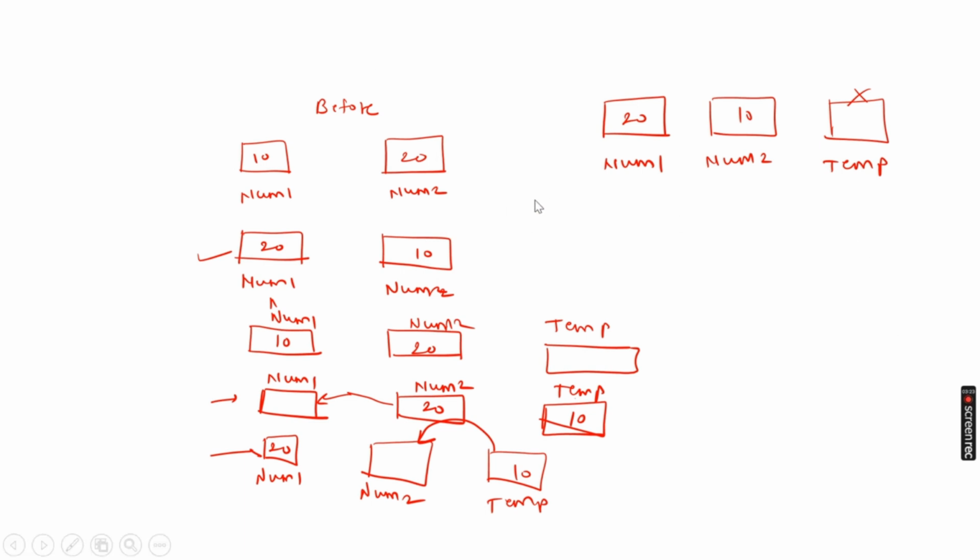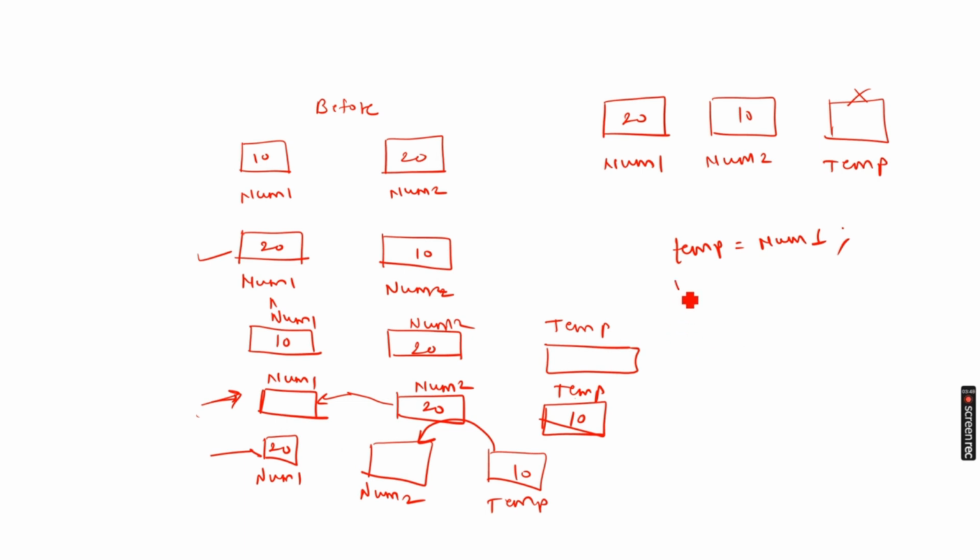So basically three steps are important in the logic. The first step is that temp is equal to num1, that is we are going to assign num1 to temp. This is our first step. I am writing the main logic steps. Then as this space becomes vacant, I am moving num2 into num1.